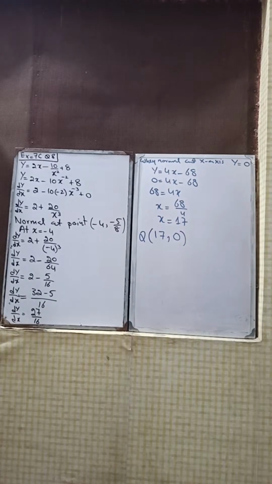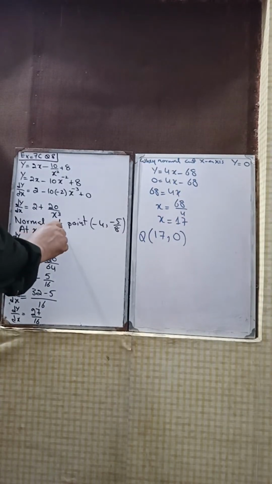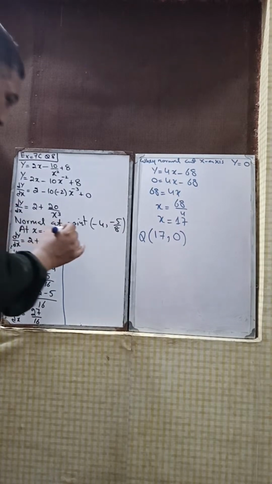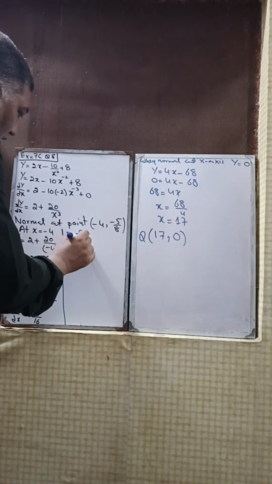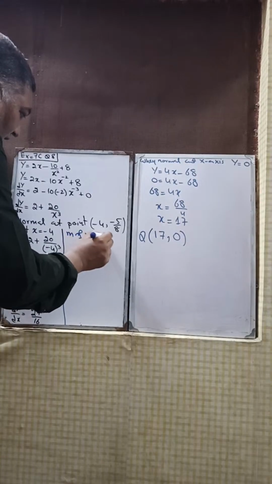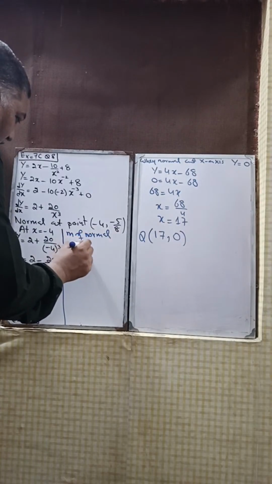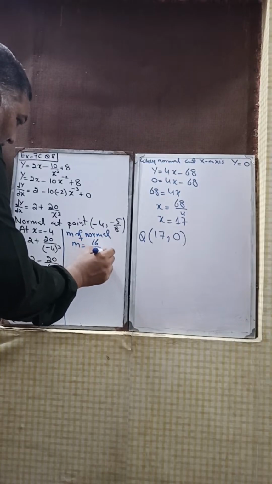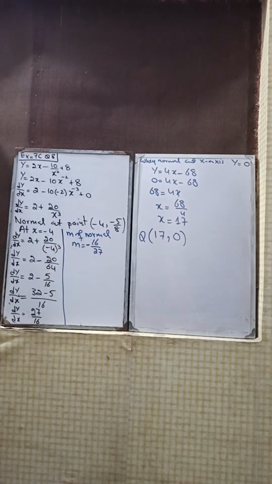So this is the gradient of that tangent. The gradient of the normal will be equal to -16 by 27, put a negative sign with it.